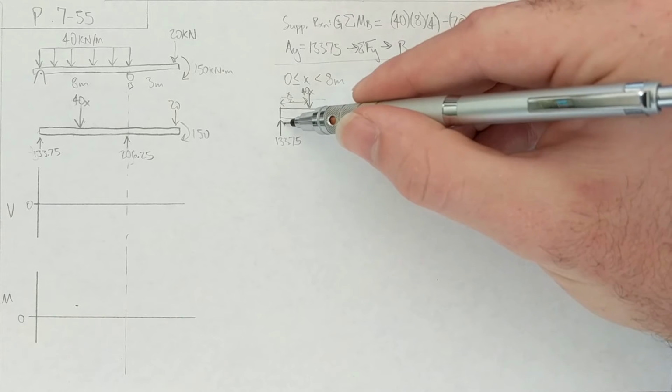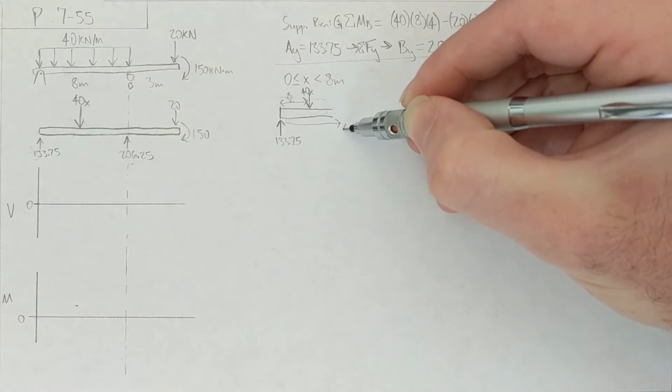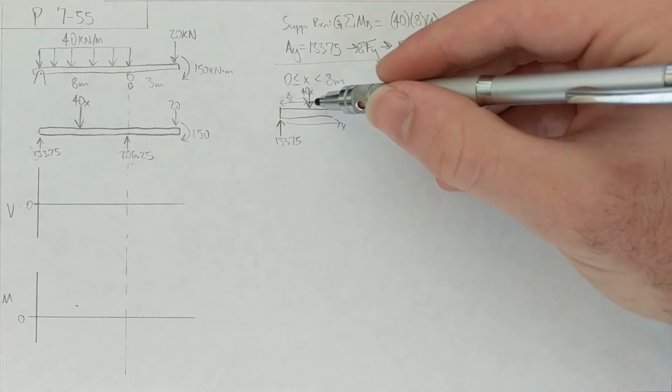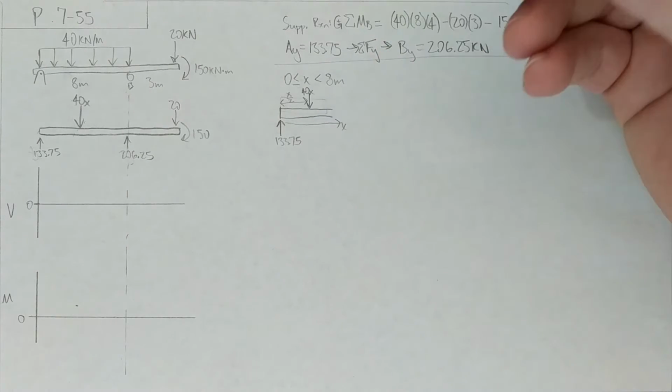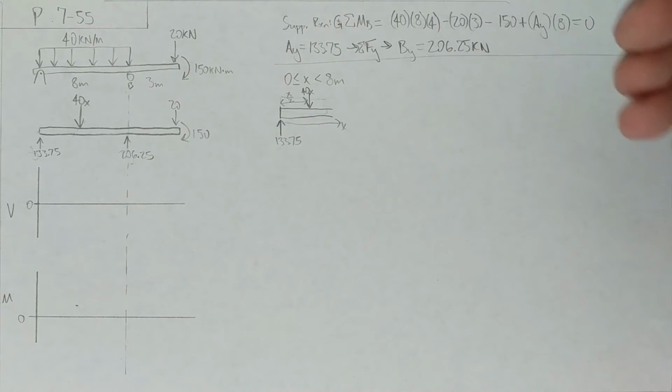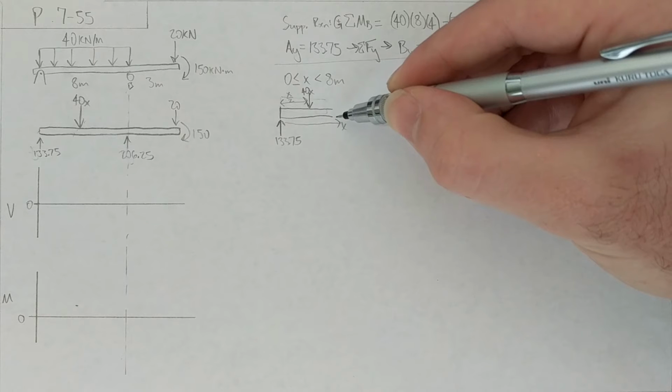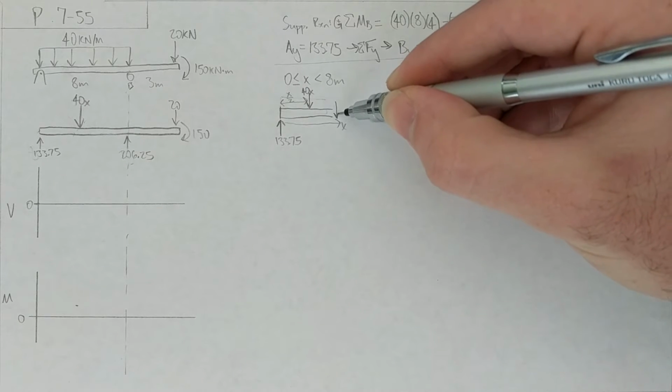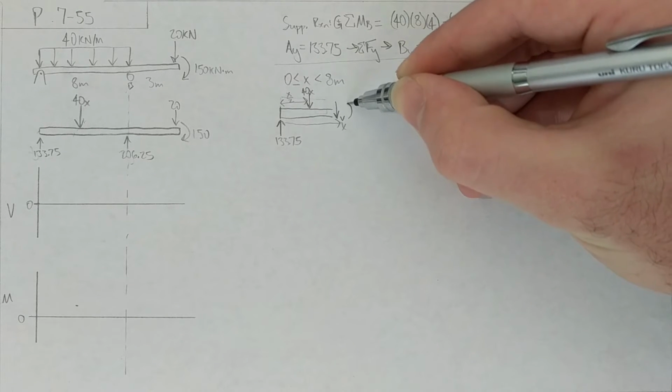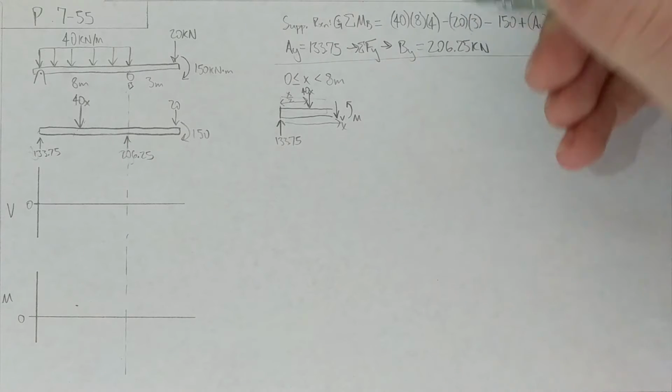So saying that our whole length is going to be x, then we have our 40x equivalently applied x over 2 away. That'll come into play for the moment. Anyway, then we also have our V and M like we do.